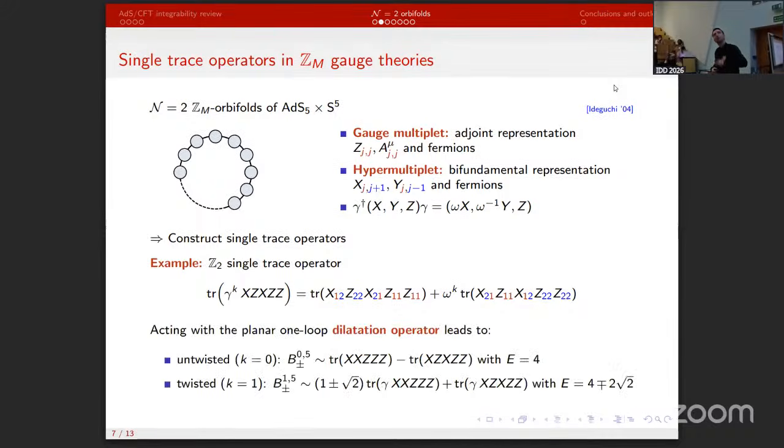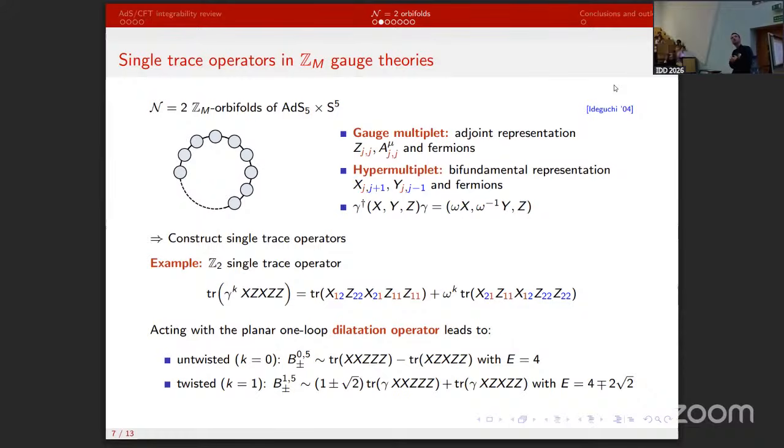Okay, so now we can also act with the one loop dilatation operator as we did before to find the spectrum. And for the untwisted case, k equals 0, everything looks like N=4. We get the energy E equal to 4. And then for the twisted case, k equals 1, well, the gamma is really here, and we have a minus 1 since the root of unity is minus 1. Then you find this is the eigenstate, and the energy is shifted.